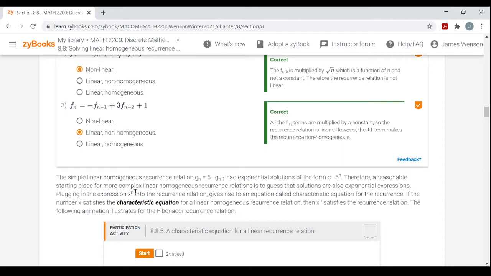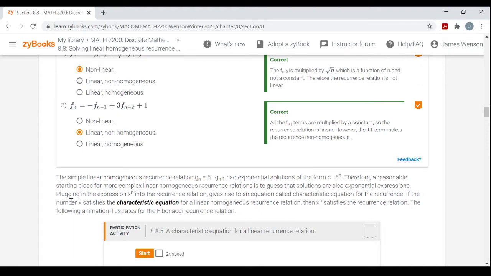But remember, the variable is n, not x. The variable is n. That's the input variable for all these sequences, right? So the variable n is in the exponent. So we're going to plug in an x to the nth power into the recurrence relation, and that gives rise to an equation called the characteristic equation for the recurrence.